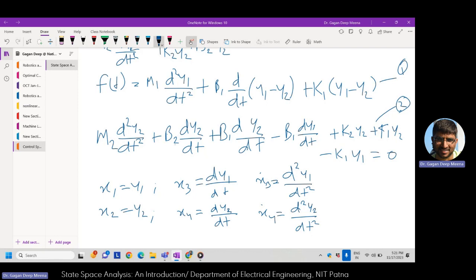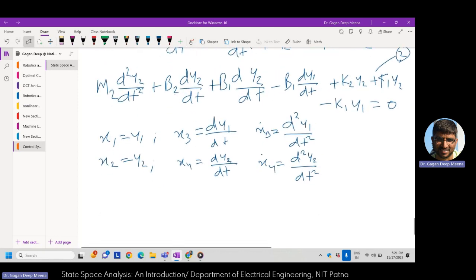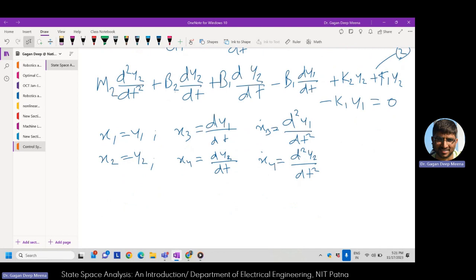So I have these different state variables and their differentiations. Now what we'll do is put all these values of x1, x2, x3, x4, and x3 dot and x4 dot into equations number 1 and 2 here, and then we will rewrite both the equations.